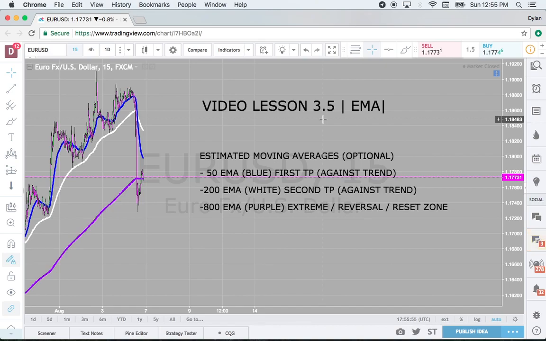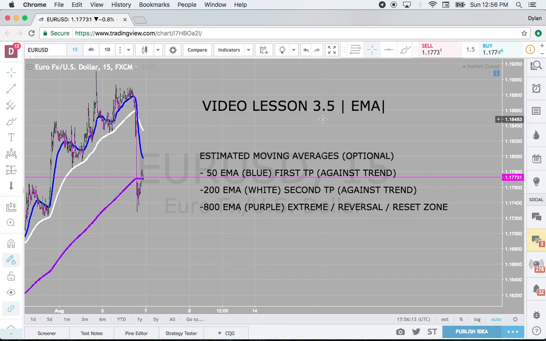Number two, I would like to address something that I did not have time to talk about in the previous video. The M and W reversal patterns.